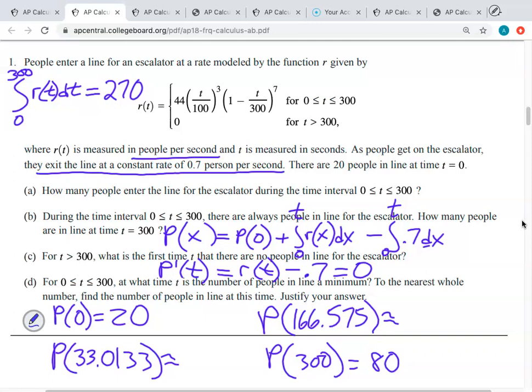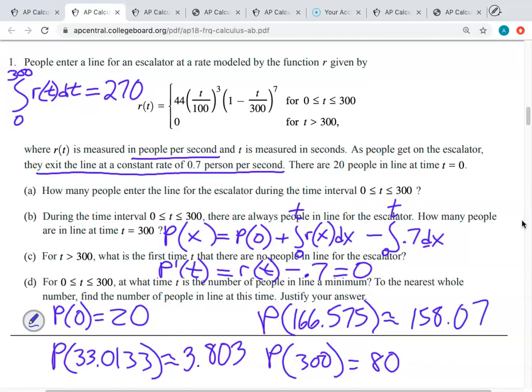All right, so at time 33, I get around 3.8. And at time 166, I get around 158.07.